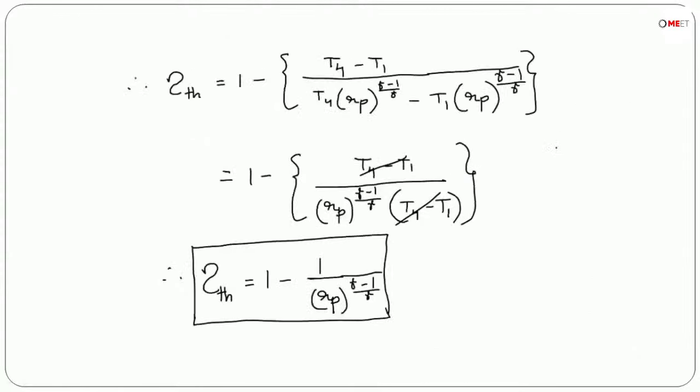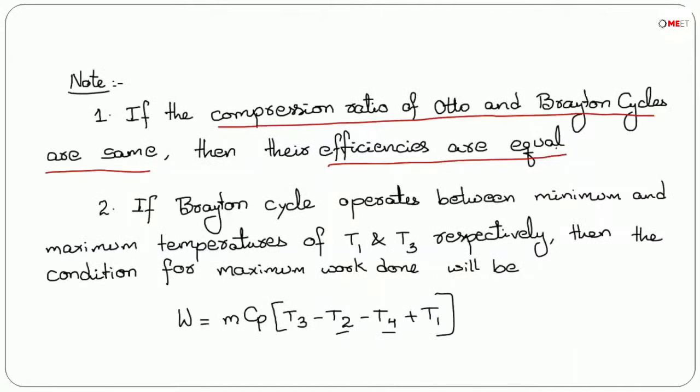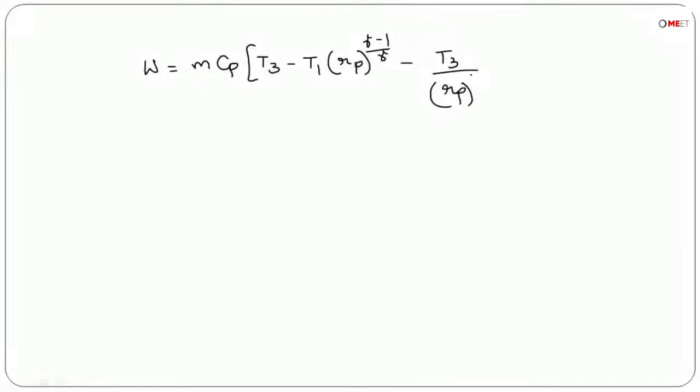Now if I substitute those values here, work done will be mcp into T3 minus T1 into Rp to the power (gamma minus 1) by gamma, minus T3 by Rp to the power (gamma minus 1) by gamma, plus T1. Now let us consider (gamma minus 1) by gamma equal to some z.